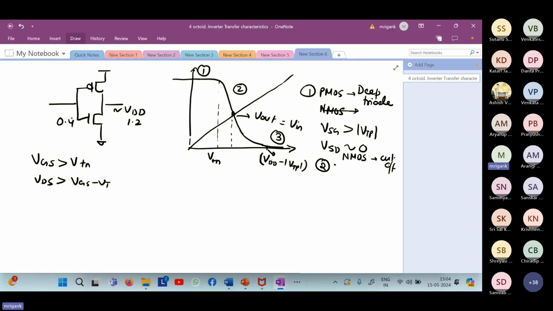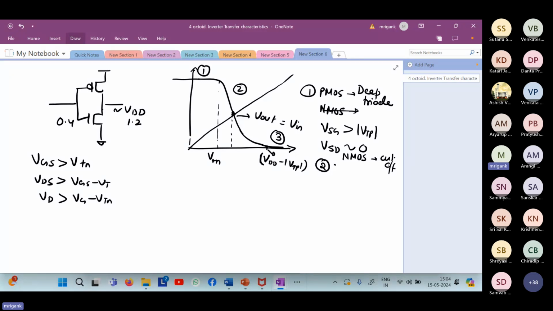For saturation, we just need the NMOS drain voltage to be greater than VG minus VT, since the source is common. If the gate voltage is lower and the drain voltage is higher, definitely it is going to be in saturation.